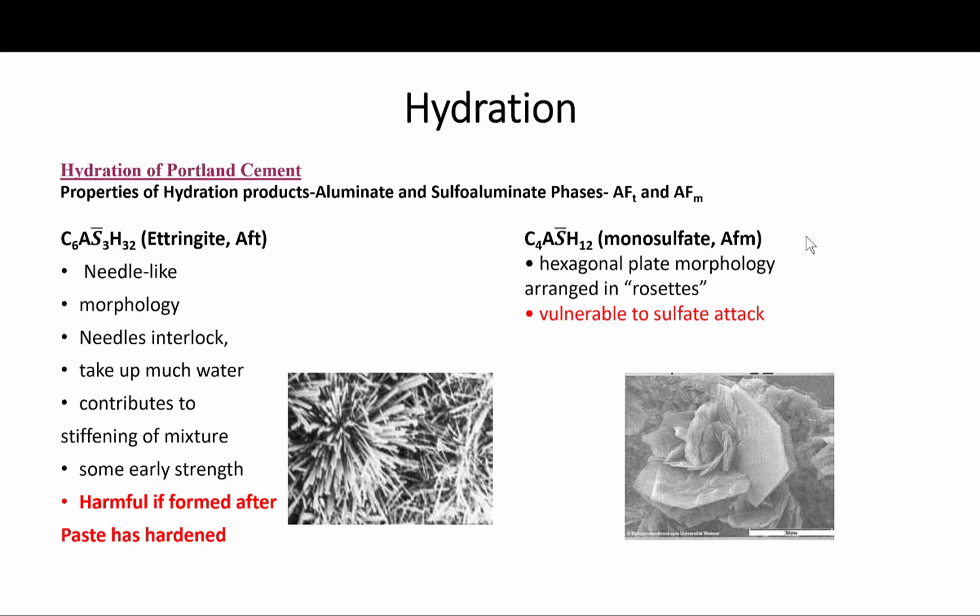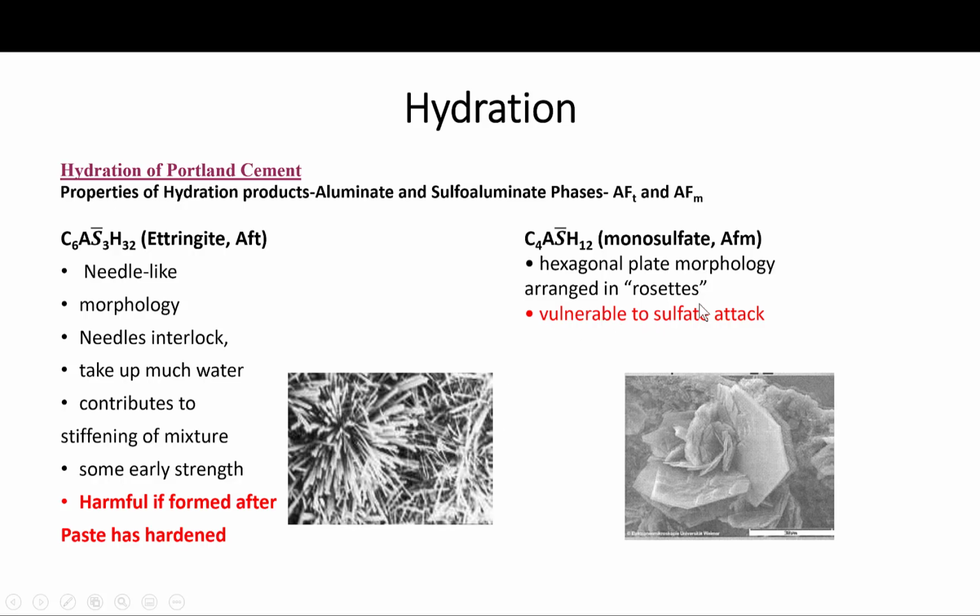Okay, so again, just to emphasize a couple of points, the ettringite, if it forms after the concrete or the paste has hardened, could be harmful because it is expansive and could cause cracking and disruption.